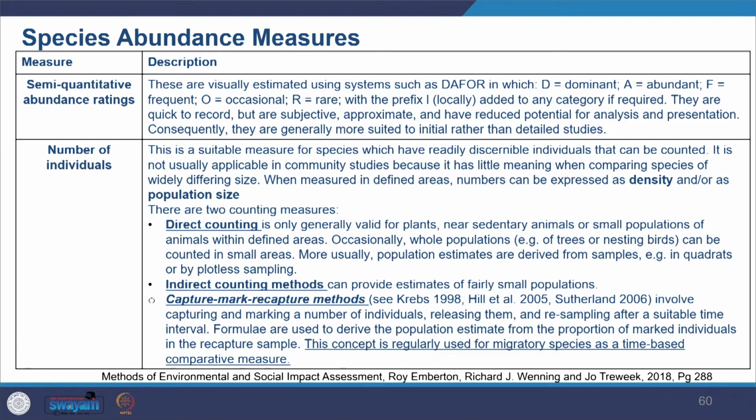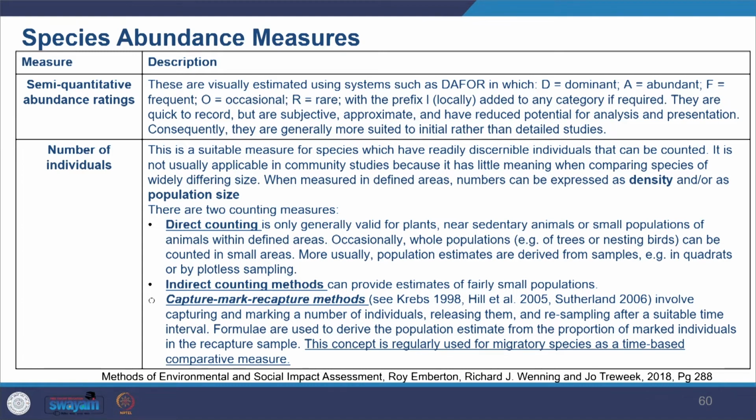And you find that there are two counting measures. One is direct counting, and the other is indirect counting. The direct counting measure is usually valid for plants, because they are stationary, so you can really count them.